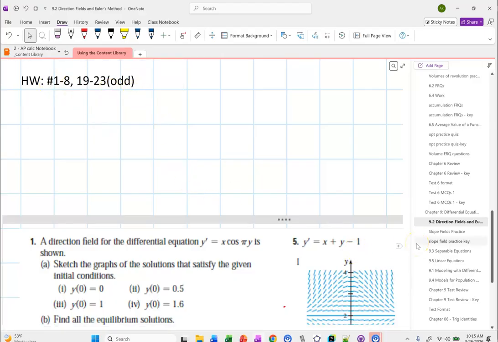Actually, I want to check that real quick because there's Euler's method stuff in here, and I don't actually want to do that this year. It's another BC topic that I think is less important than some of the other BC topics that I'd like to spend time on. If I assigned Euler's method problems, I want to back those out here real quick.